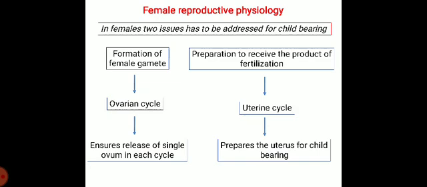Then this fertilized product enters the uterus. When it enters the uterus, some changes in the uterus occur, the uterine cycle. The uterus, as we know, is the childbearing organ and prepares itself for childbearing.